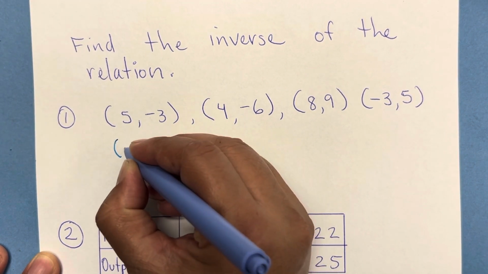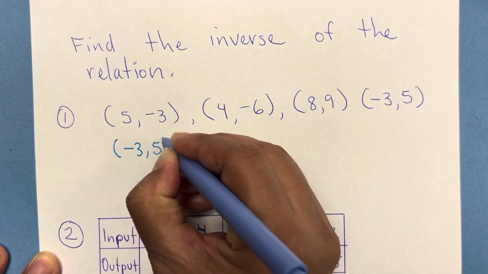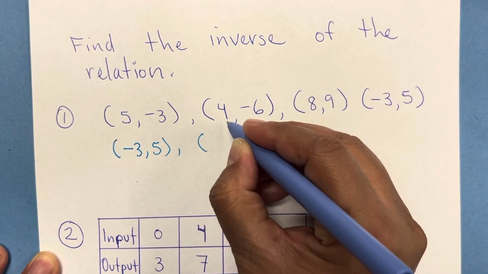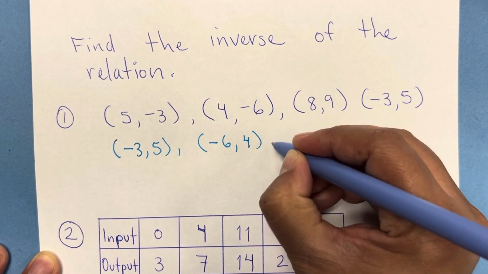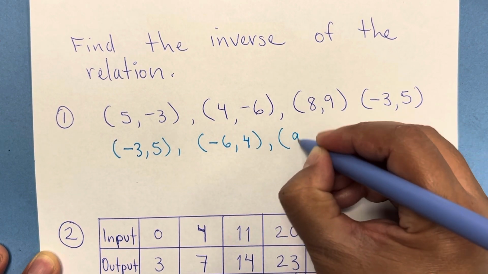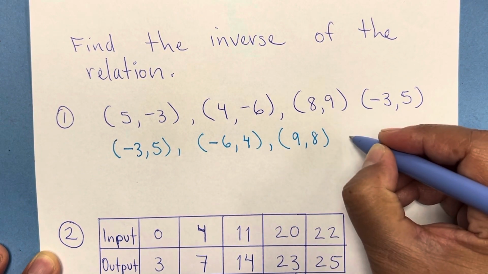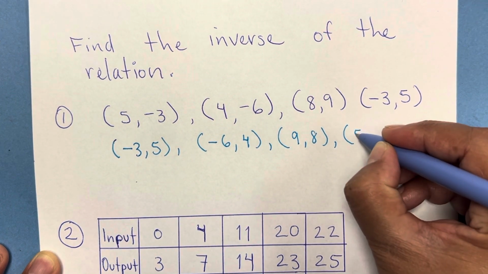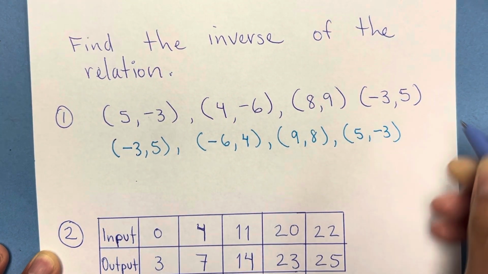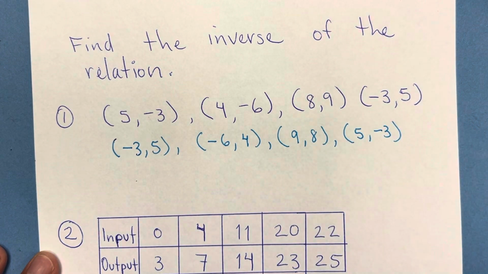Now that will become -3, 5. For the next one is 4, -6, so it's -6, 4. For the next one is 9, 8. And for the last one is 5, -3. All I did was to switch x and y.